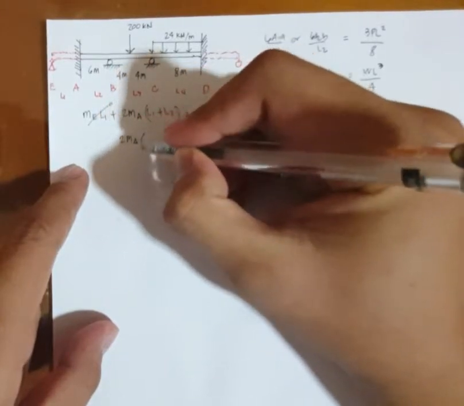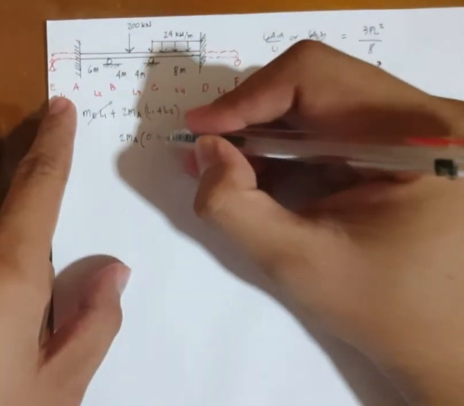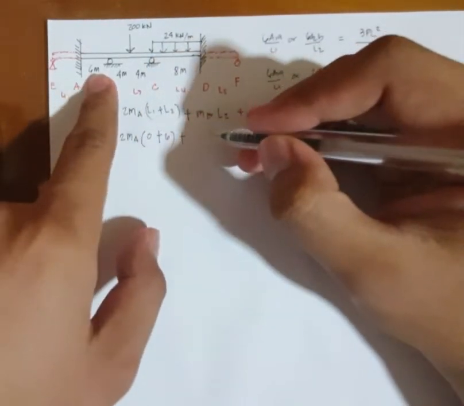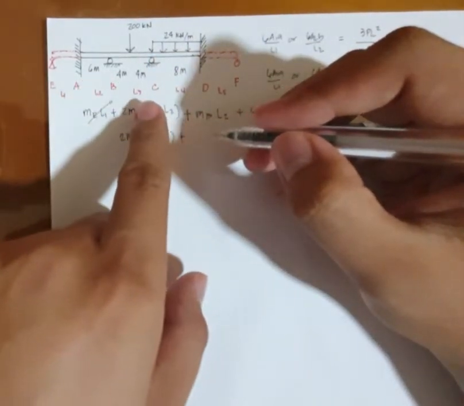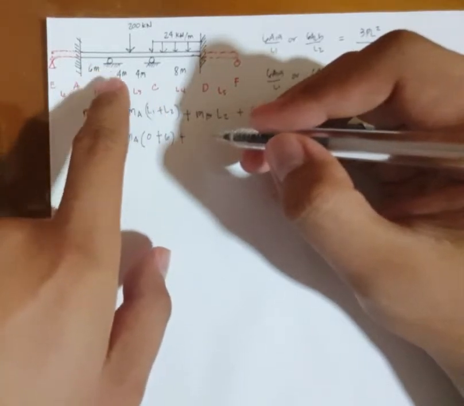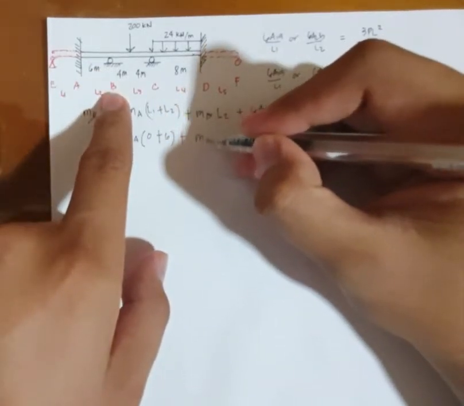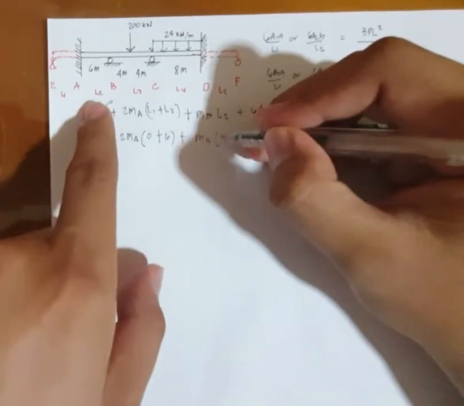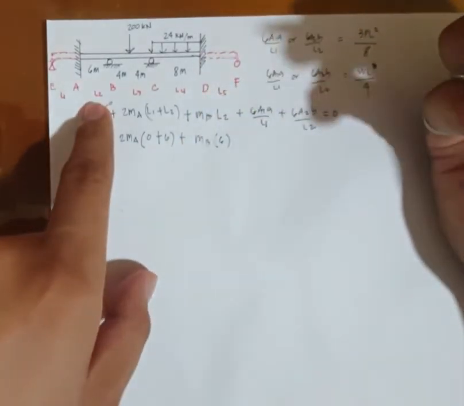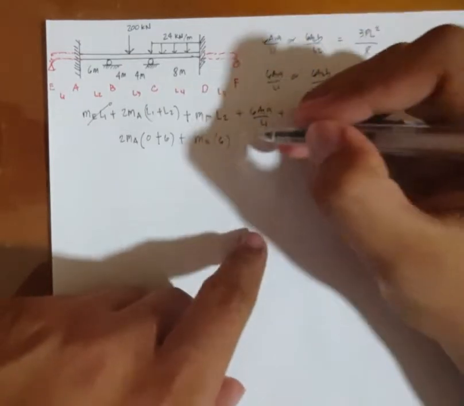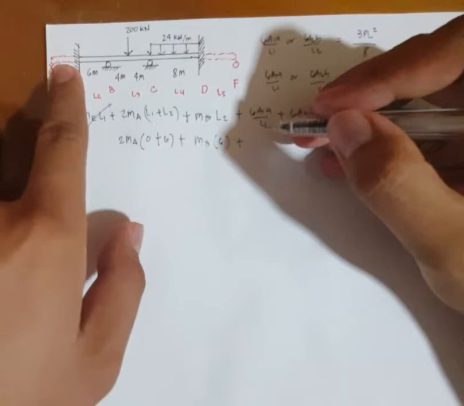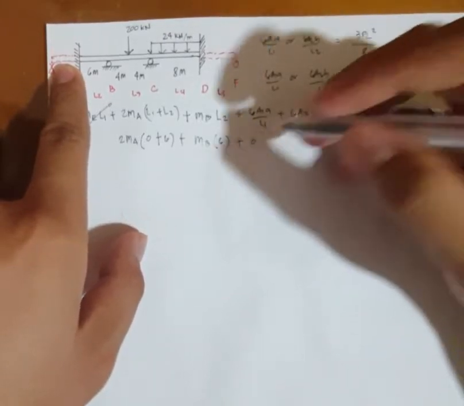2MA times (L1 is 0, L2 is 6) plus MB times 6, L2, plus 6A1A over L1 for this span, 0.